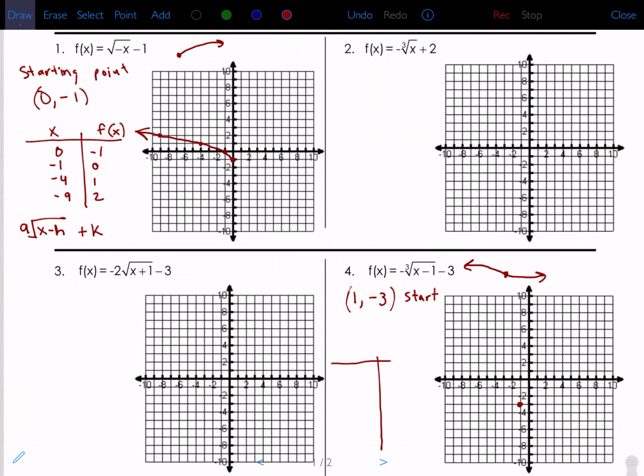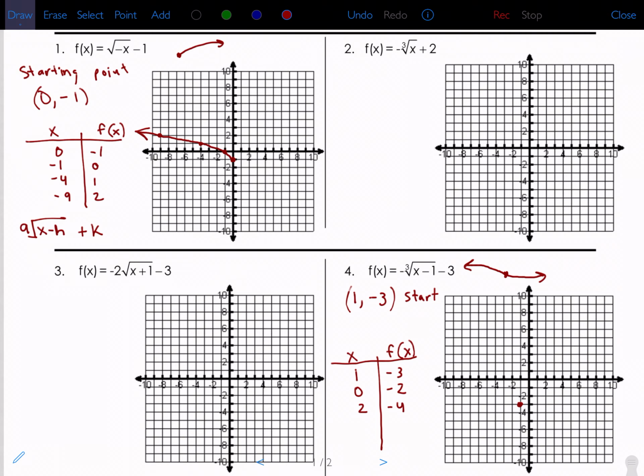So let's go back to our document. We'll make our chart. X, and then f of x. And so we'll go back and we'll start with the starting point. It doesn't matter the order that you write the numbers in, as long as they're right. So we had 1, -3.